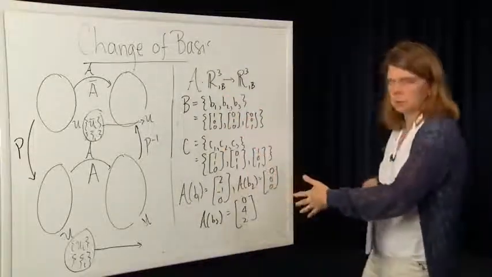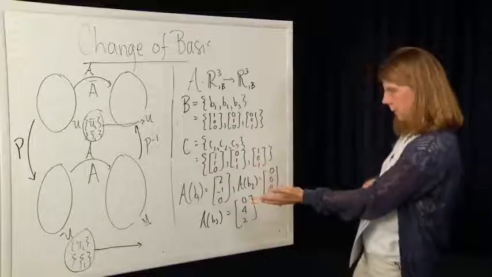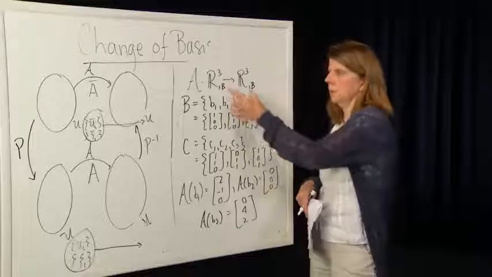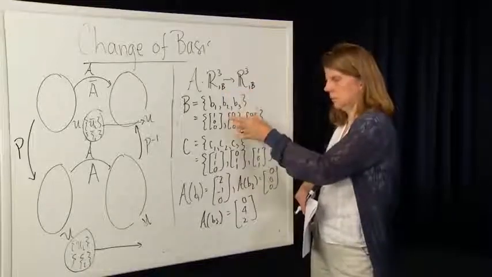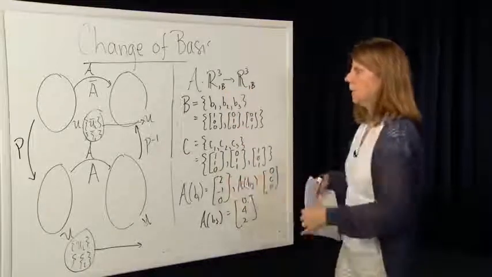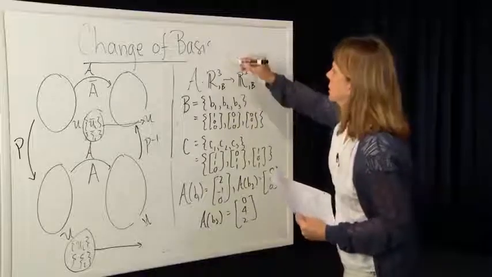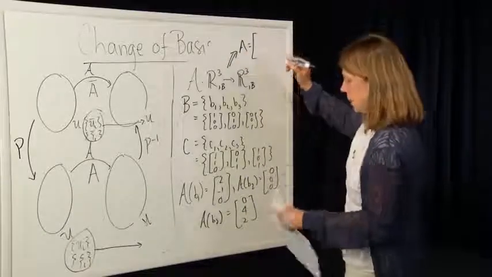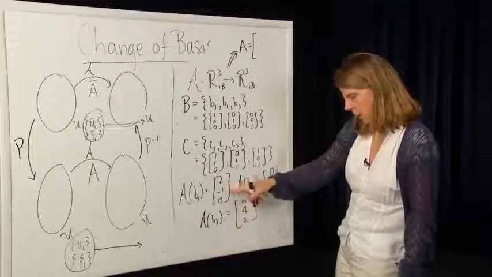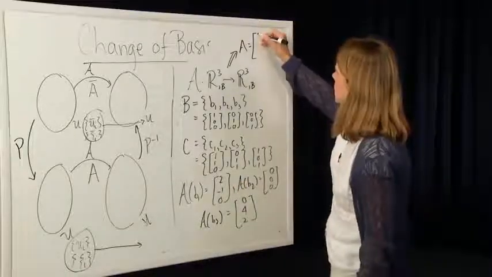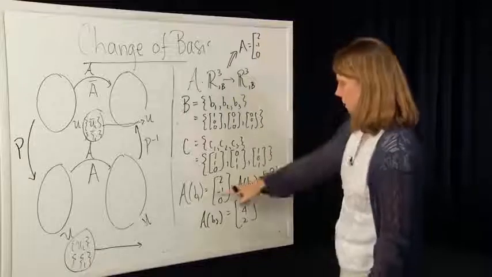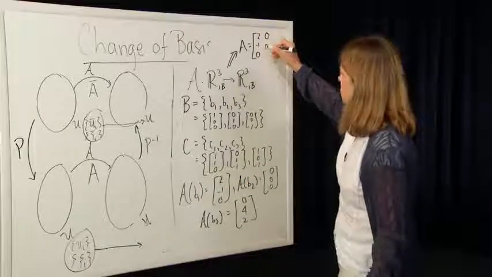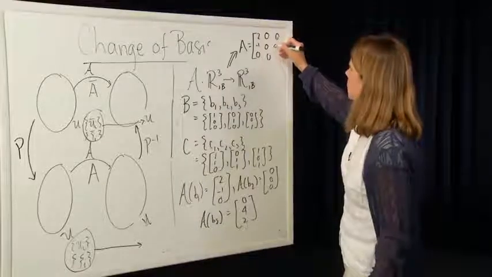Just from inspection, you can reconstruct what the matrix representation of the linear map A is with respect to these bases, the basis B. In this case, the columns are just going to be the values of A of B1, A of B2, and A of B3.